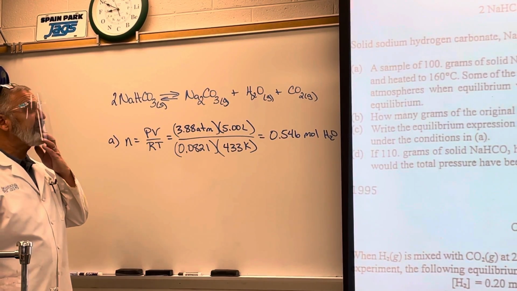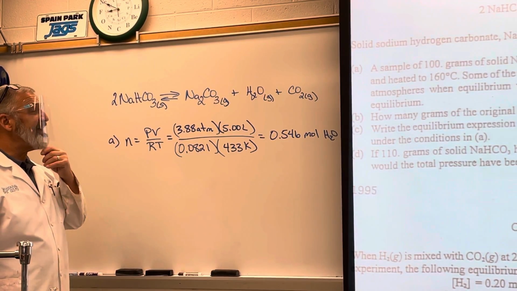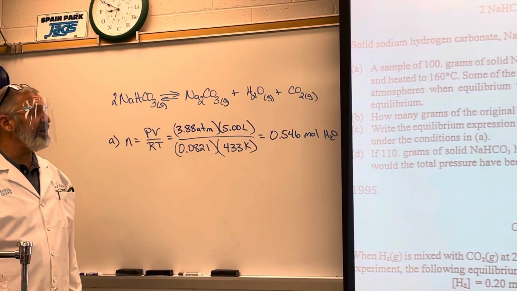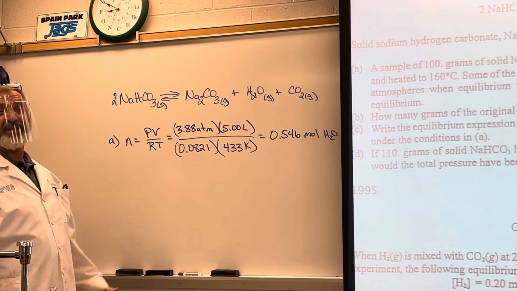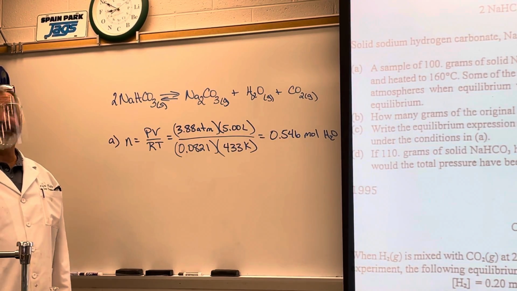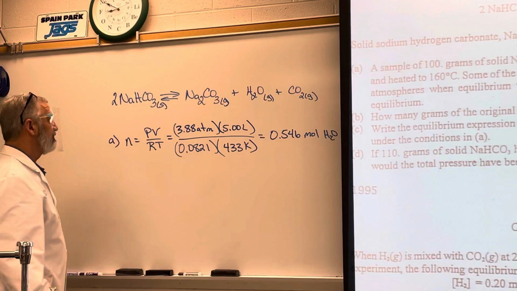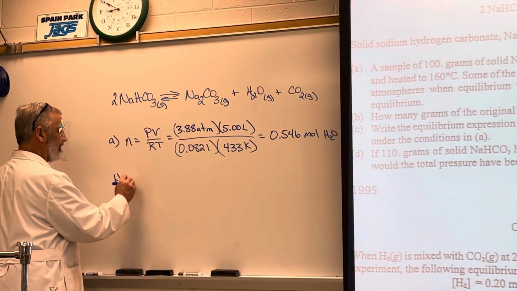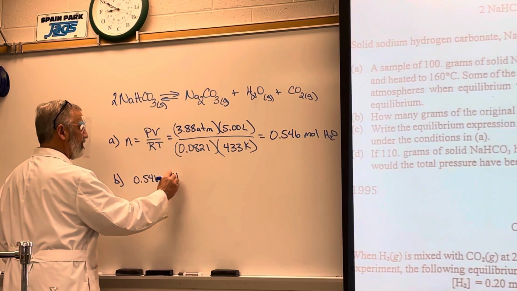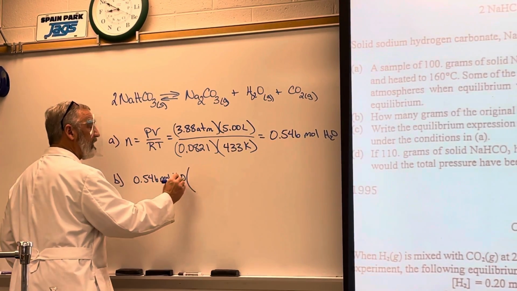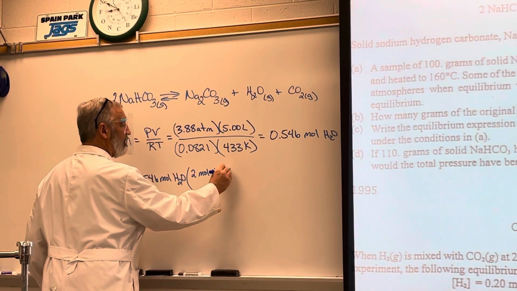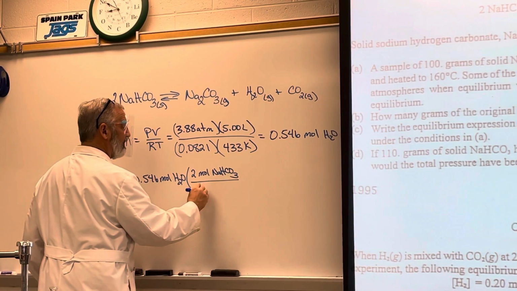So now how many grams of the original solid remain in the container in the conditions described? How do we do that? Okay, talk me through it. You do the mole ratio from water to baking soda, use the molar mass and how many grams you start out with. So it's going to be 2 moles of the baking soda for every 1 mole of water.